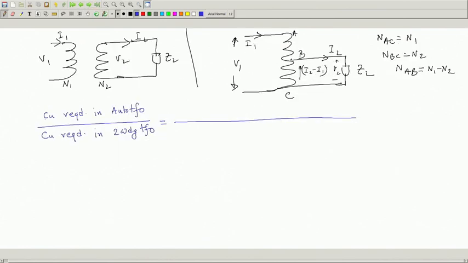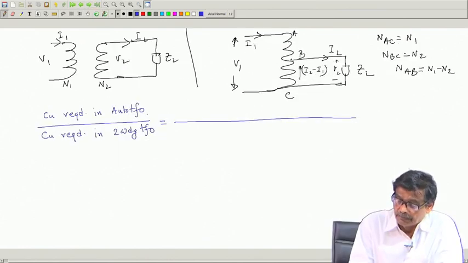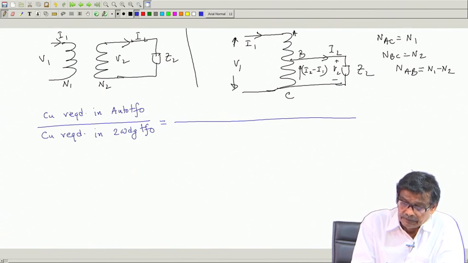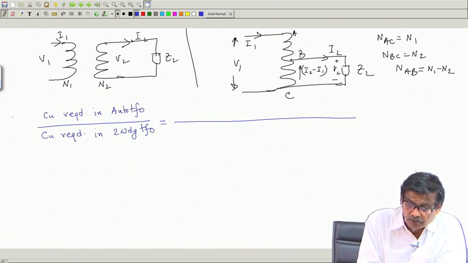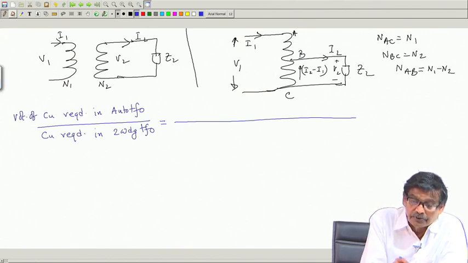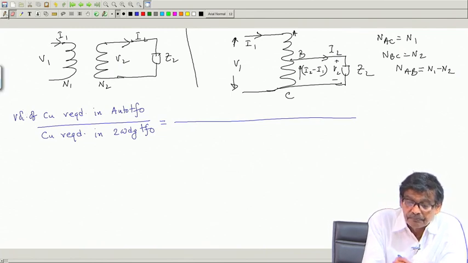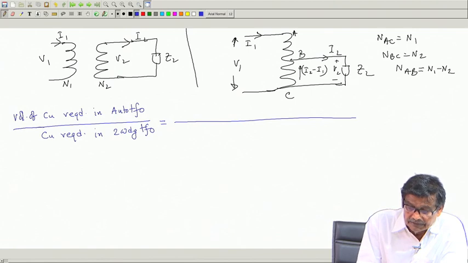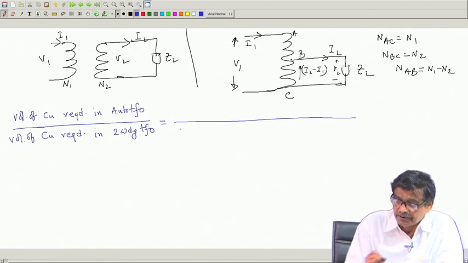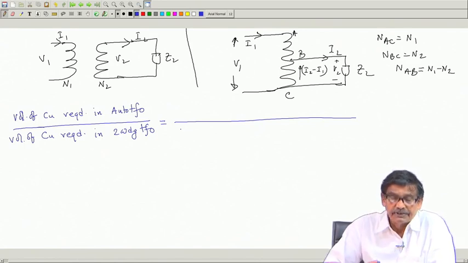So, it looks like the copper required in auto transformer, rather the volume of copper required, divided by the volume of copper required in two winding transformer, I am trying to find it out.